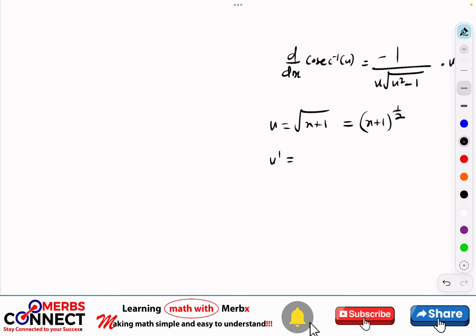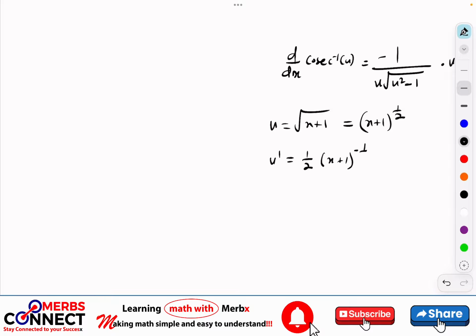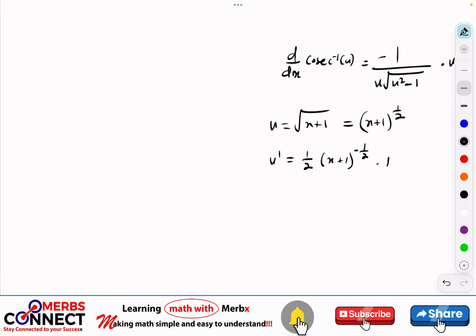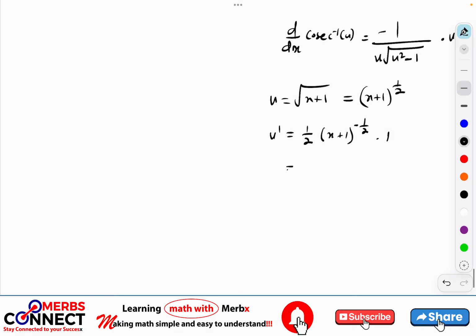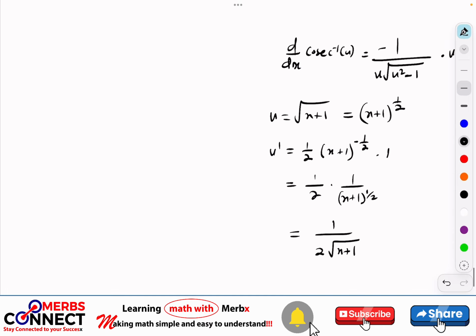So u prime, using the power rule, half drops down, then we subtract 1 from this, and we have minus 1 over 2. Using the chain rule, we need to differentiate what is inside the parentheses, and that gives us 1. So this gives us 1 over 2 times 1 over x plus 1 to the power 1 over 2. We can simplify this to 1 divided by 2 square root of x plus 1. So we have u prime.